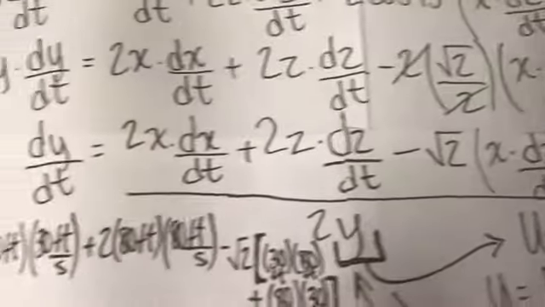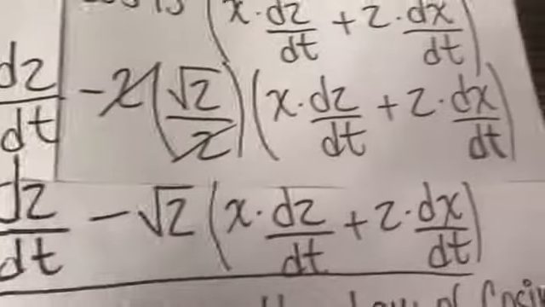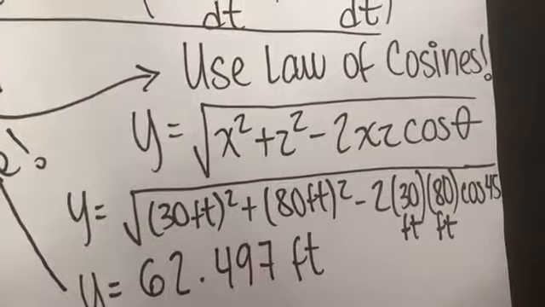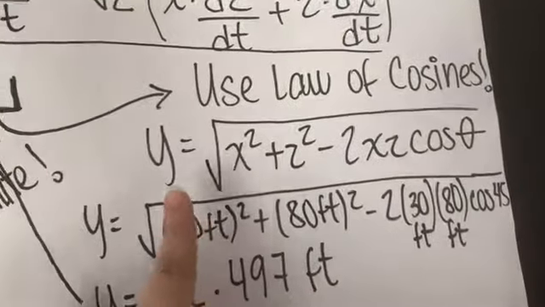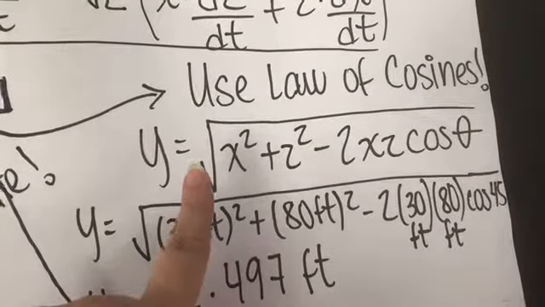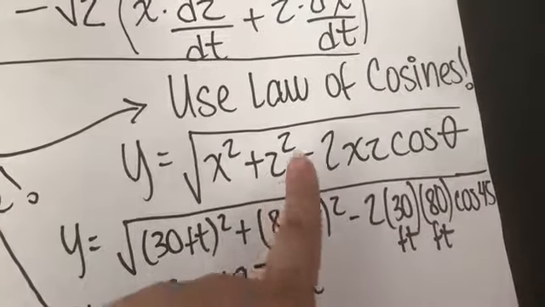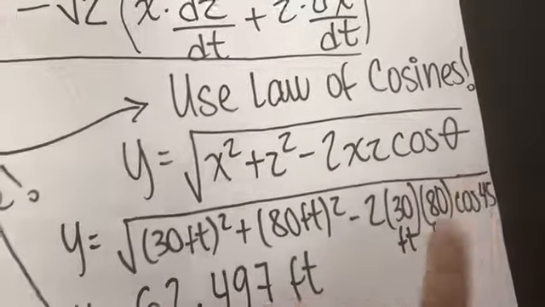As you can notice, we have all our variables except y. So what can we do? We can use the law of cosines again. Now we can isolate for y, which will be the square root of x squared plus c squared minus 2x times c times the cosine of theta.